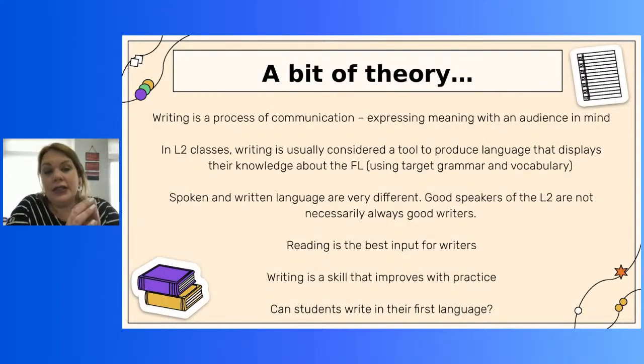If our students don't have the mechanics and the techniques to write well in their first language, it's very difficult to expect them to write well in their second language, right? So we need to keep this in mind. Sometimes we need to work with the teachers who teach language arts in our institutions to see what kinds of problems they have with writing, so that we can work on them also in the foreign language classroom.